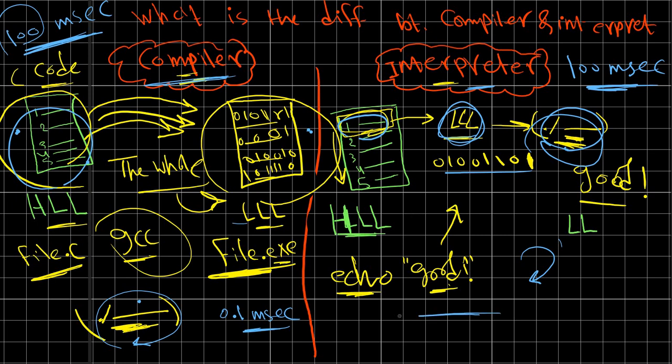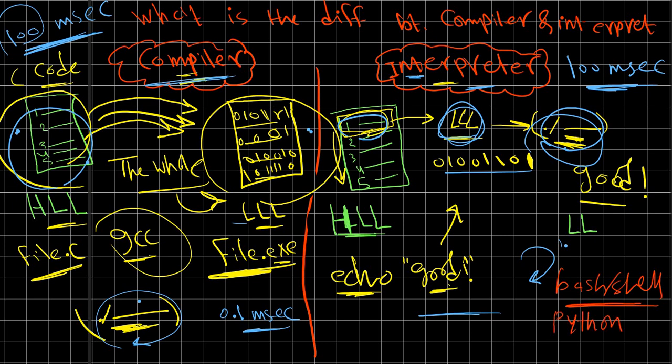Give me examples of languages that use an interpreter. We have many languages that do that. We have bash or shell, which are used as interpreters line by line. You have also Python.